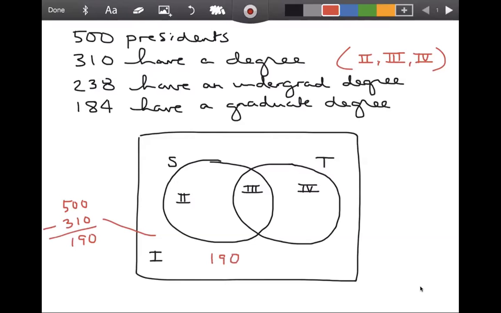Okay, so let's see what else we can do with this. 238 have an undergraduate degree, and I guess undergrad is S, graduate is T. All right, so if S is the undergraduate degrees, that means that regions 2 and 3 add up to 238, and we know that 2, 3, and 4 add up to 310. So that means that region 4 is the difference between 310 and 238, which is 72.